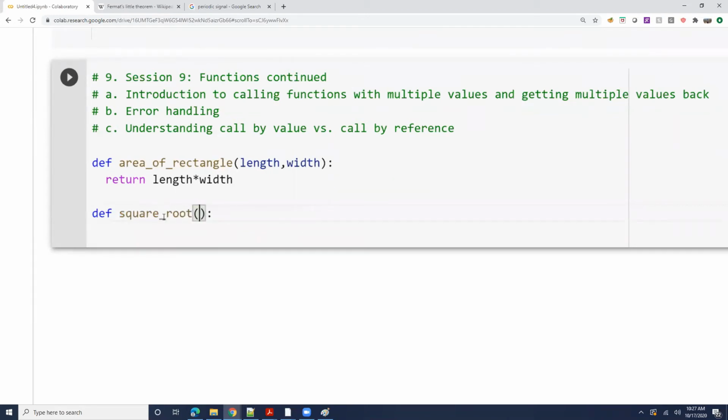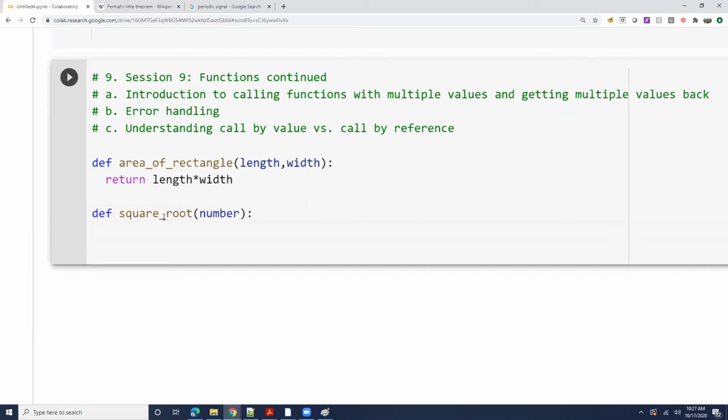So square root of some number. What should it return? I forgot about returning. No problem. We'll learn that soon, in maybe another 5-6 classes, so another 2 months, roughly plus or minus.